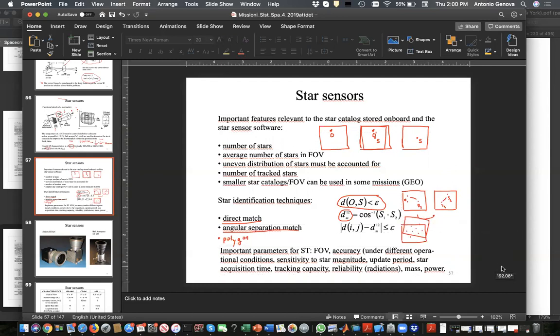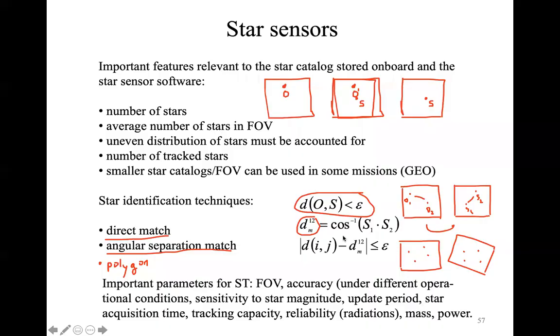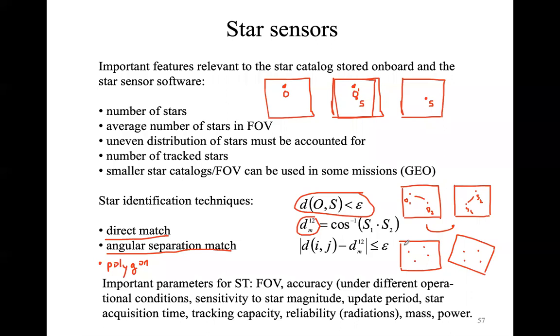So what I would like to do is that when you try to compare these two, in order to have the same configuration. So what I mean is that here you have O1, O2, O3, O4.